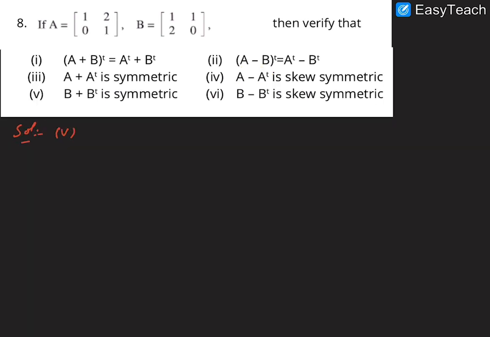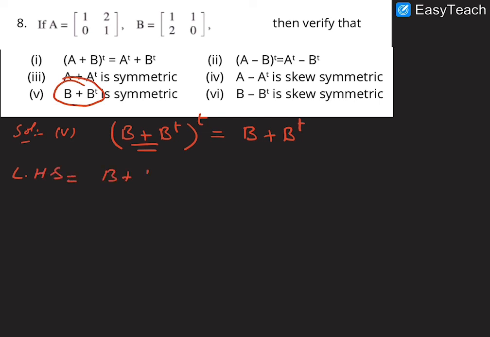Now number 5, similarly like 3 and 4, we need to prove that B plus B transpose is symmetric. To prove this, we have to show that B plus B transpose whole transpose is equal to B plus B transpose. So we will take left hand side first. Left hand side is B plus B transpose whole transpose.